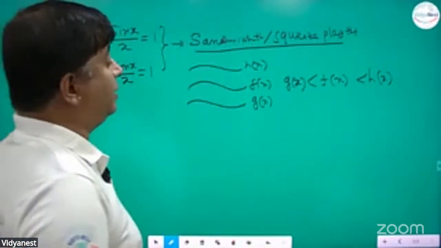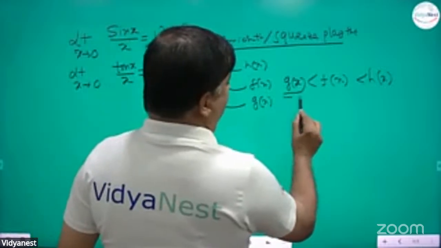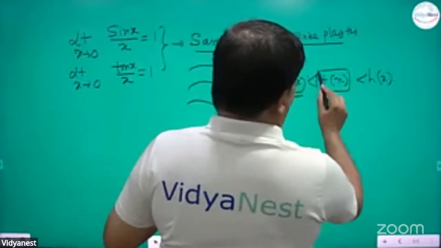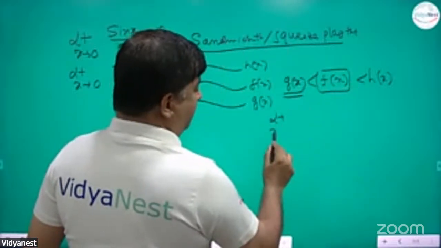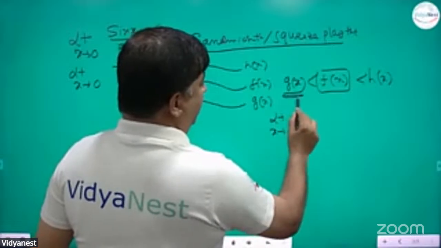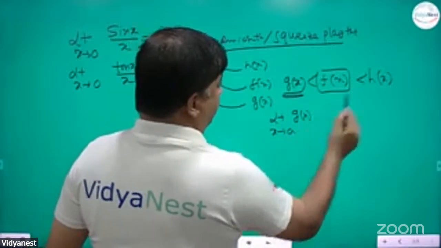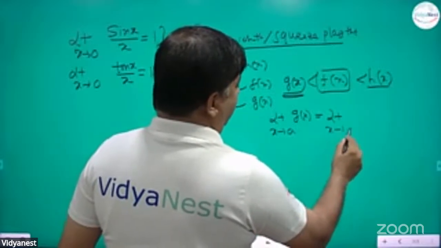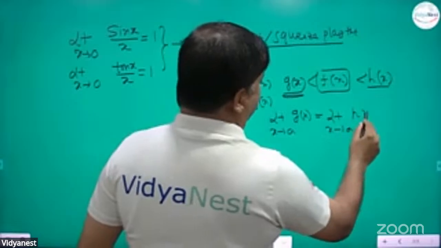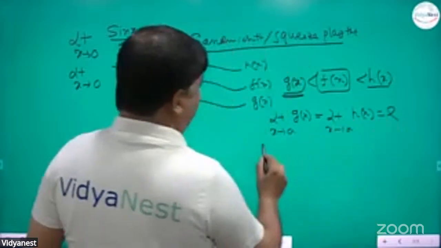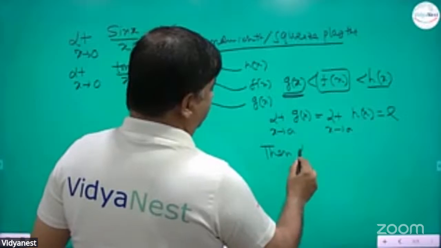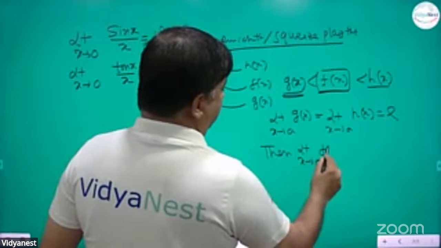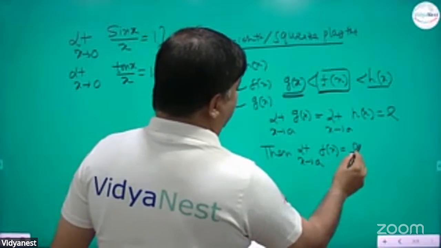Now, we were taught that if this is the infimum, the minimum, and that is the maximum, f lies in the middle. If at any particular point the limiting value of the minimum and the limiting value of the supremum are equal, then the limiting value of this function will also be equal to L.